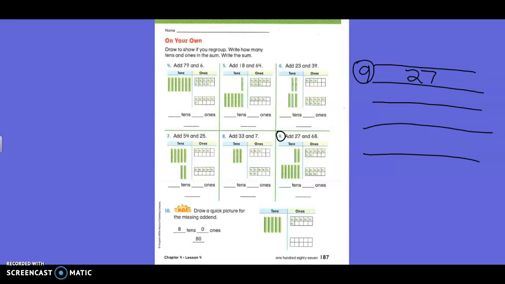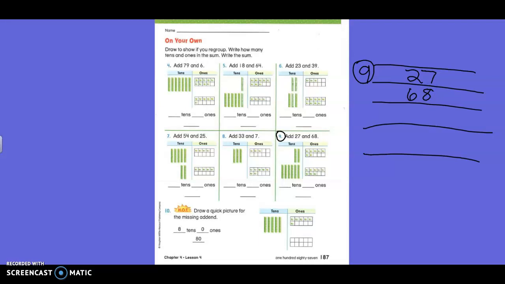Jason? Where do we write 68? Where do you think we would write 68? Put the 6 under the 2. Put the 8 under the 7. Correct. Okay.